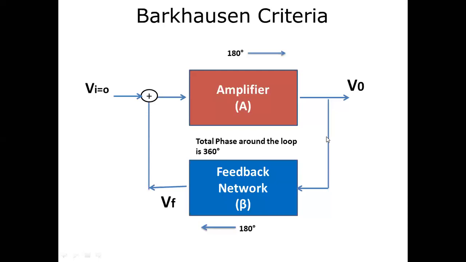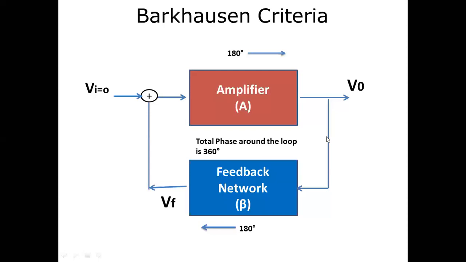Oscillations are provided by a circuit having fixed frequency and magnitude. We can produce a sine wave or AC signal at the output of oscillators. So oscillators are basically AC signal generators.